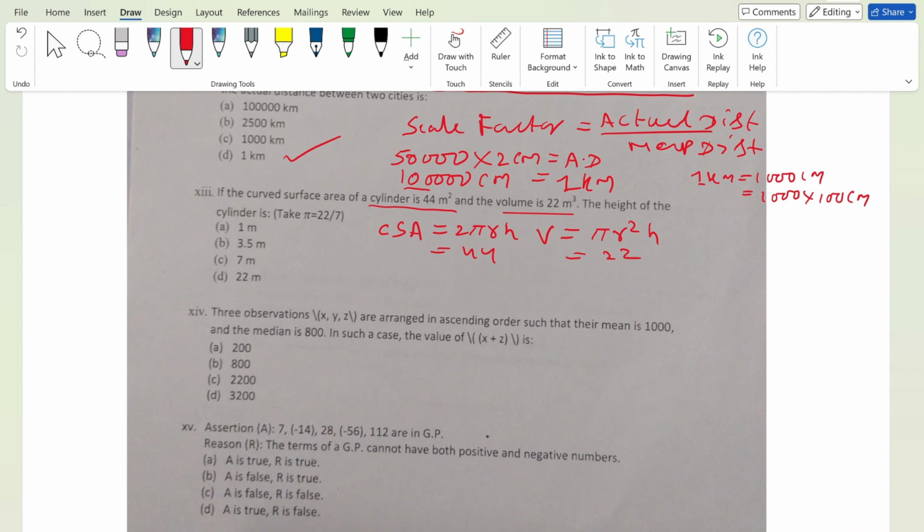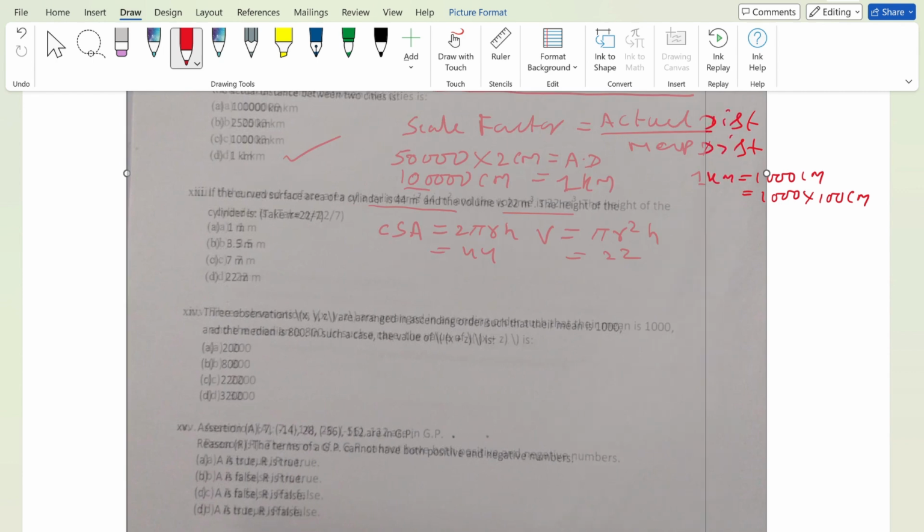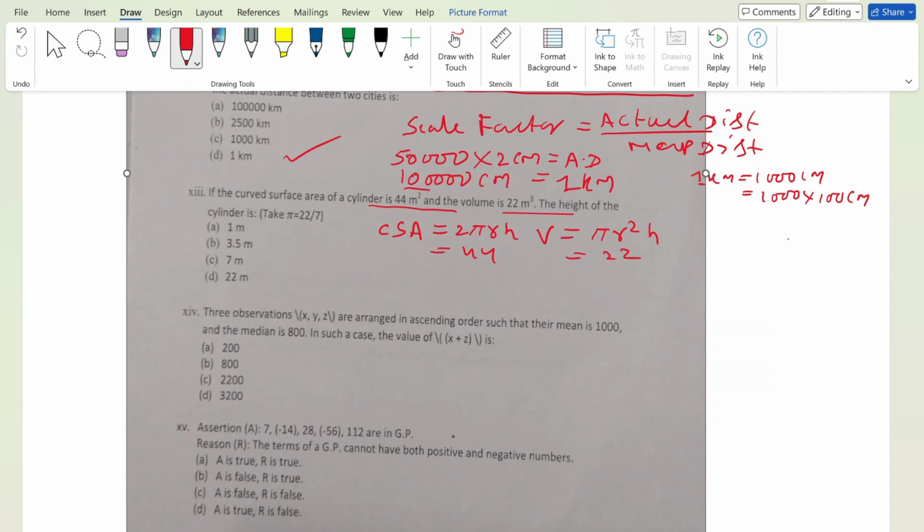Now how can you find h? Let's divide CSA by volume. CSA divided by volume is 2 pi r h divided by pi r square h.